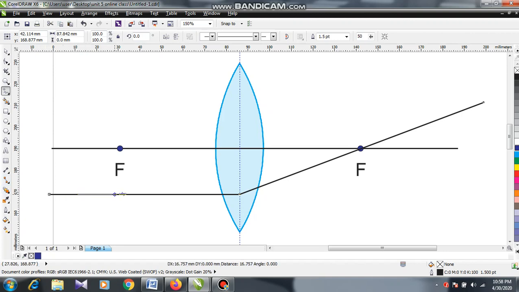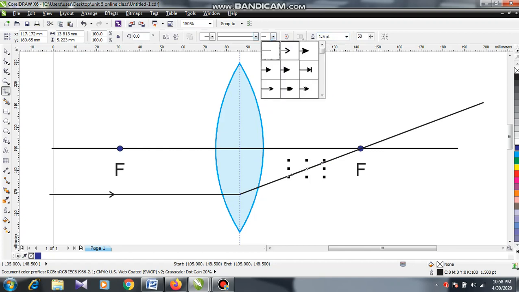Don't forget to draw the arrowheads. Here I am drawing the arrowheads. So those are the light rays coming from the left side.